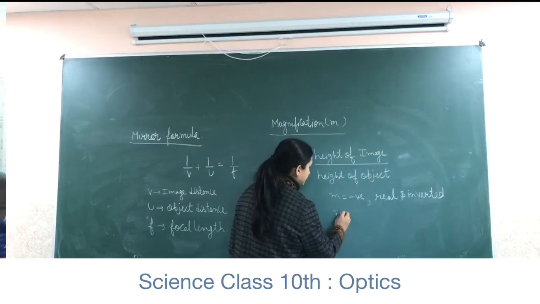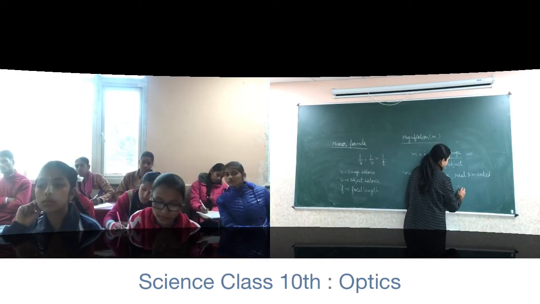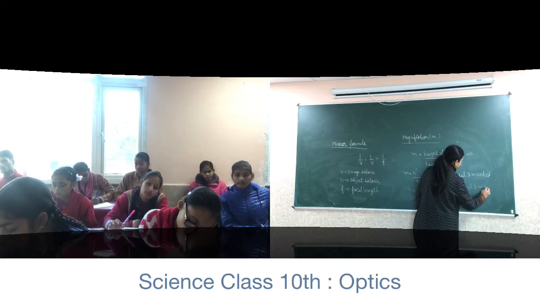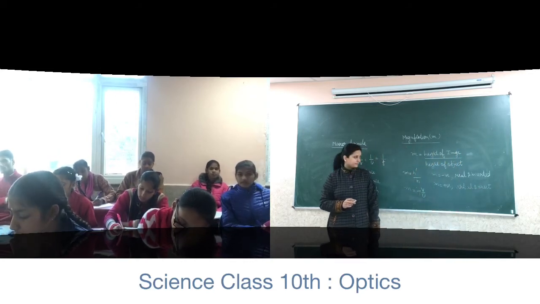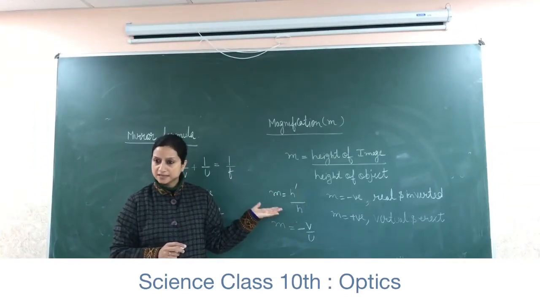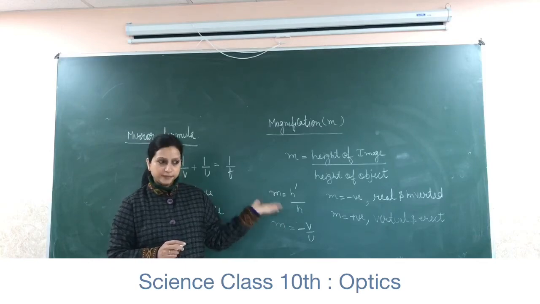If the magnification is positive, it means that the image which you have got is virtual and erect. So, a real and inverted image will be obtained if magnification is negative. A virtual and erect image is obtained if magnification is positive.